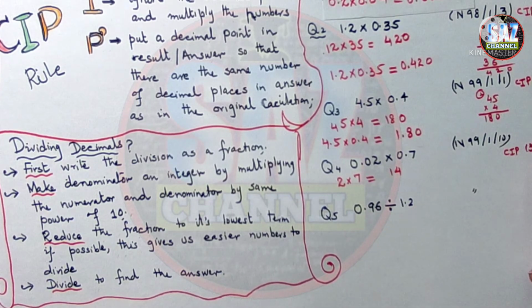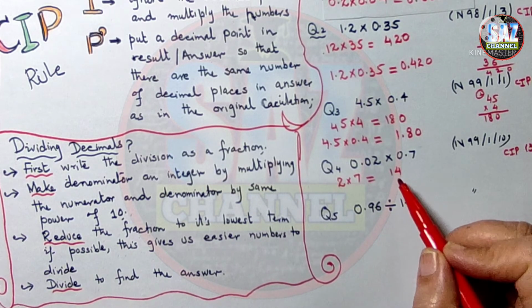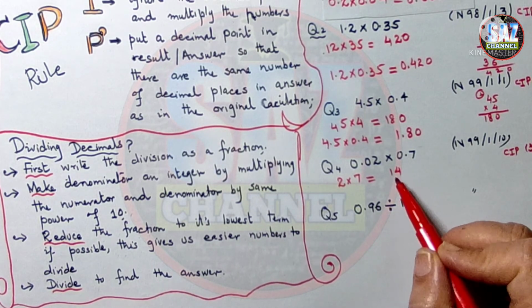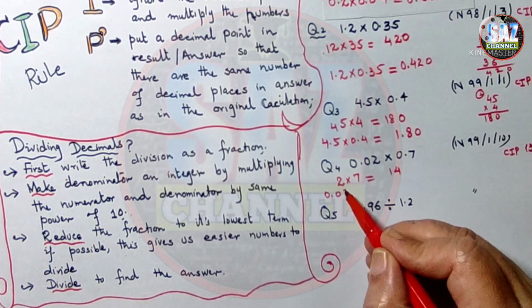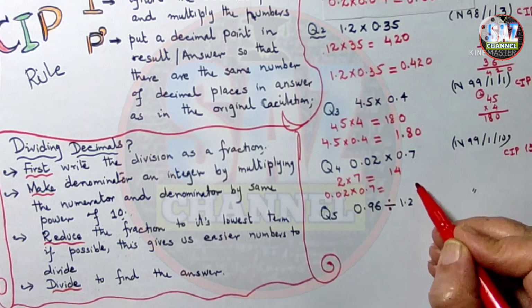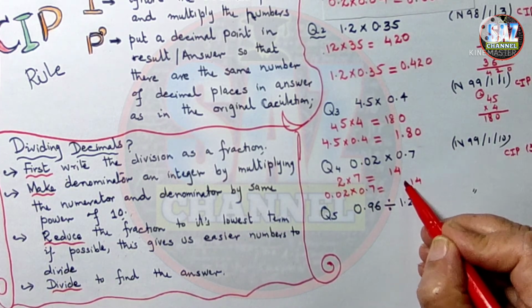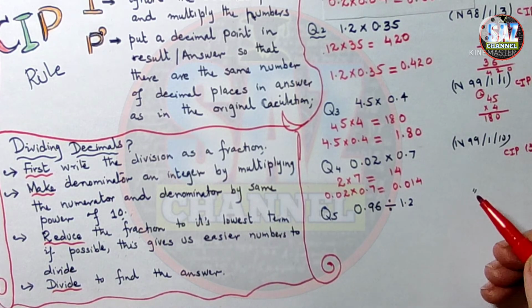Now look, the question has the decimal after 3 places. So I have to complete the first 3 digits. These are 2 digits only. To complete 3 places, I have to fill the previous place with 0, and the question will take the form 0.014.